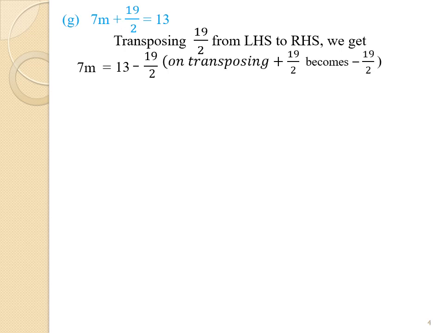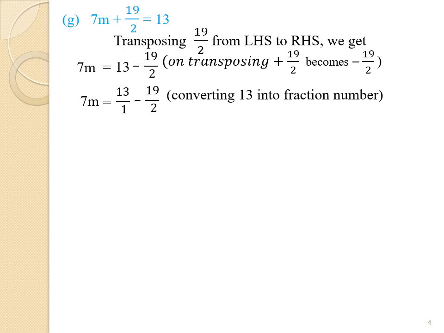Students, now to solve this step, first of all, we have to convert a whole number 13 into fraction number. So, converting 13 into fraction number, we get 13 upon 1 minus 19 upon 2.